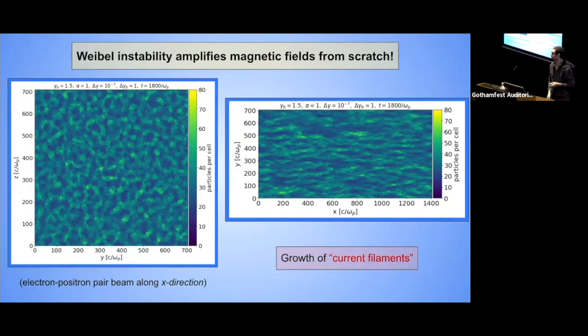I see. So in a realistic medium, if there's already turbulence existing outside, would that affect how the field will grow? That's a good question. Generally, the magnetic fields upstream of these shocks are very, very low. Like I think in the ISM, the fields are around microgauss strengths.